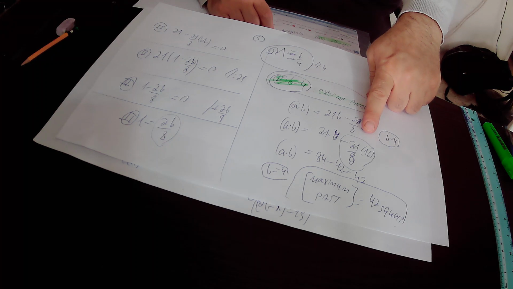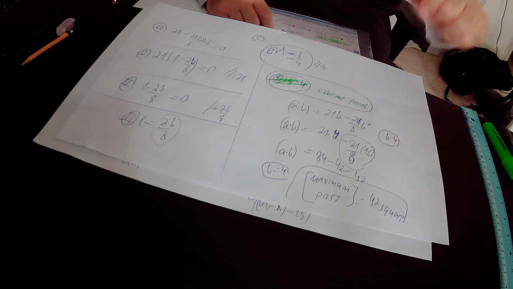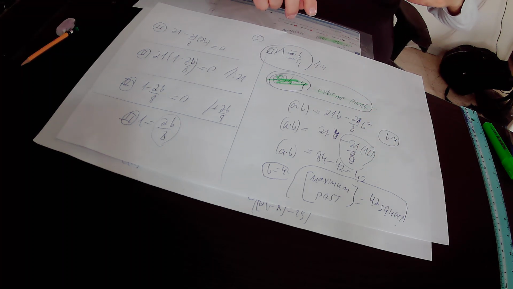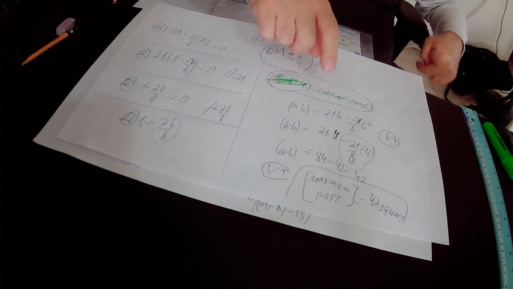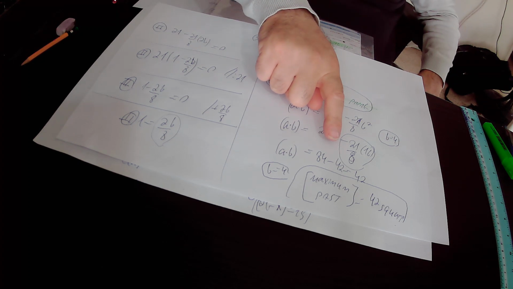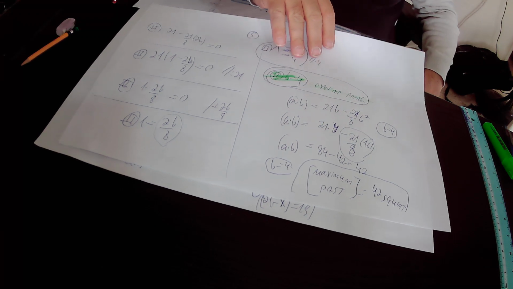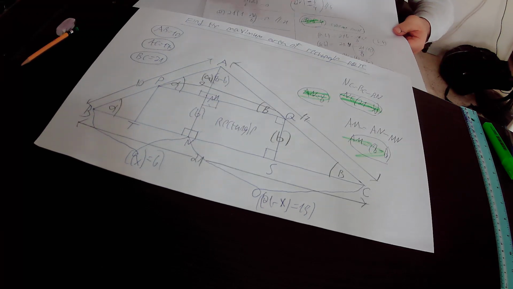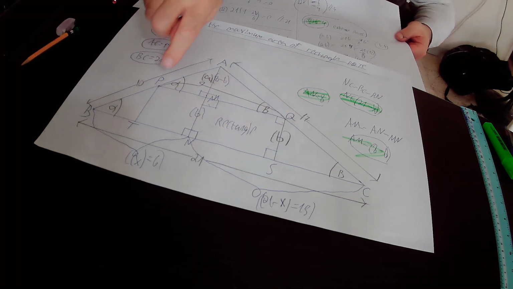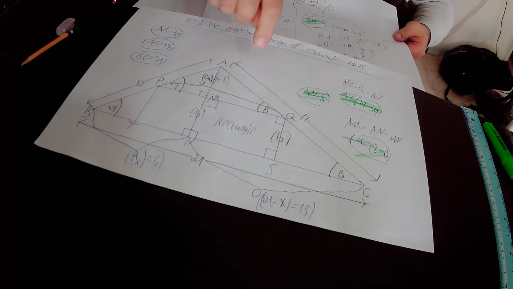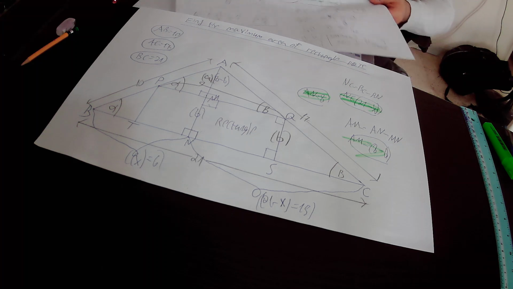So in total, this expression is minus 21 times 2, that is minus 42. So the maximum area of rectangle PQST equals 84 minus 42, which is 42. So the answer to the question is that the maximum area of this rectangle PQST is 42 square units.